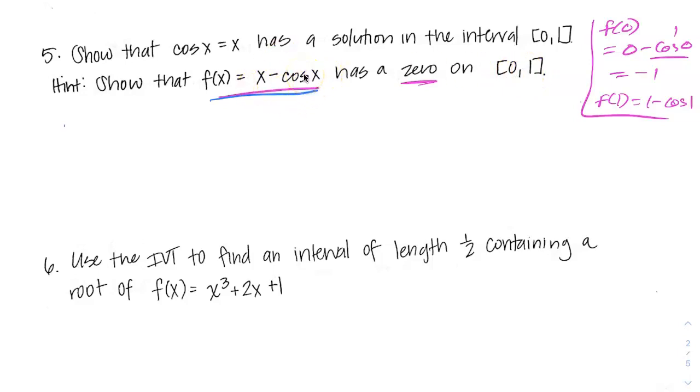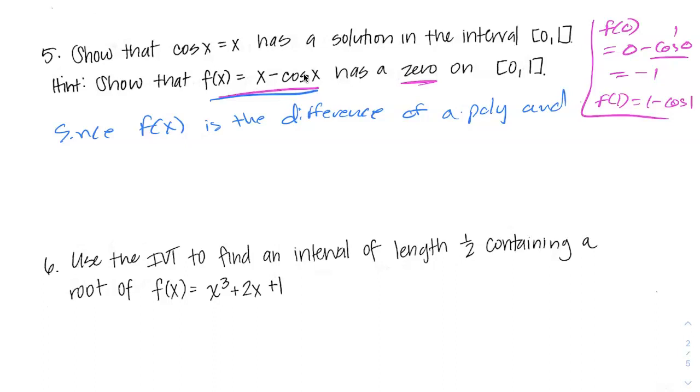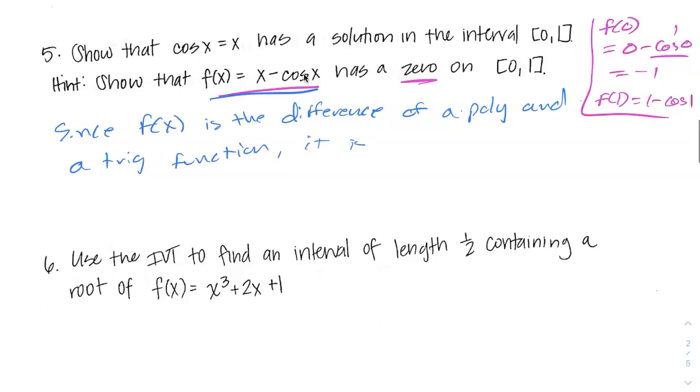So you say, since f of x is the difference of a polynomial and a trig function, both of which we know are continuous, it is continuous. Right, so that's the first step. Always say it's continuous, and why: because it's made of functions we know are continuous.